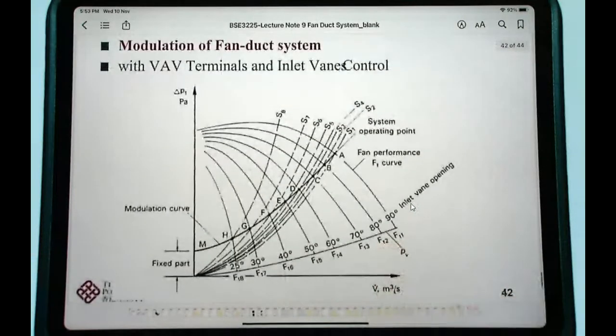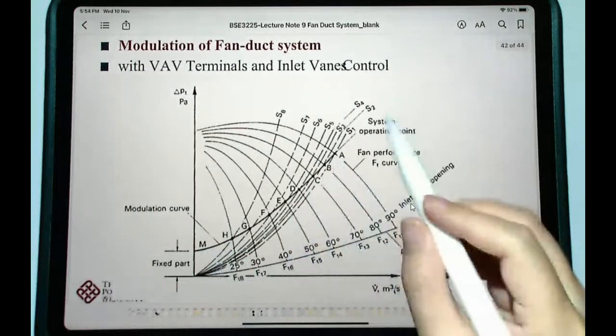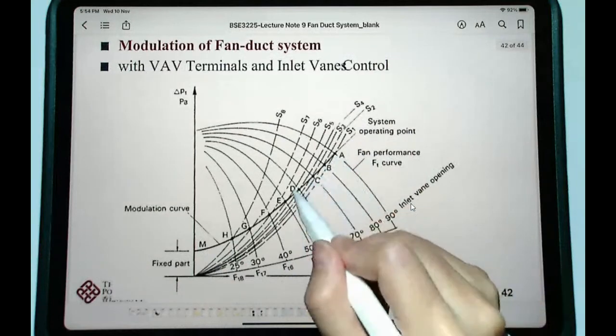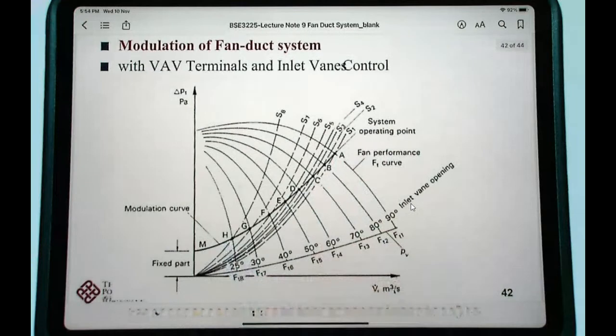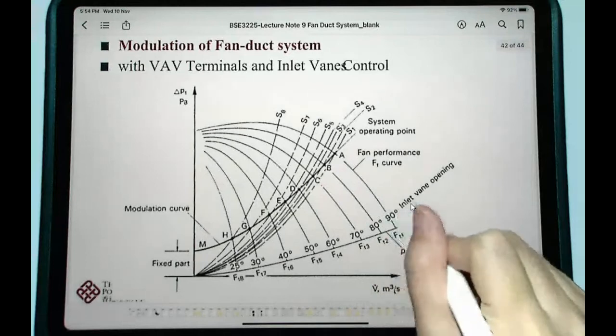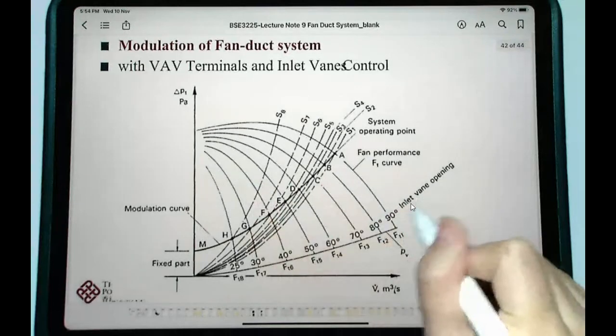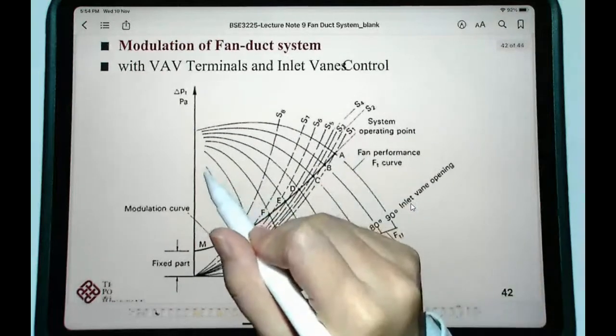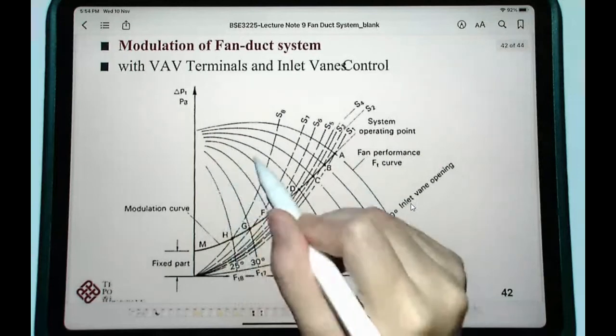The second method is to use VAV terminals with inlet vane control. The modulation curve is here, and the system operating point changes with A, B, C, D until point H here. For different inlet vane openings, our fan characteristic curve will change.